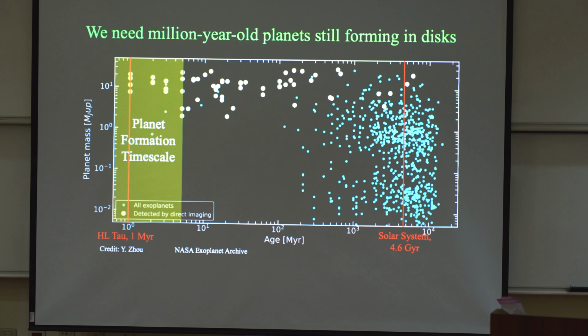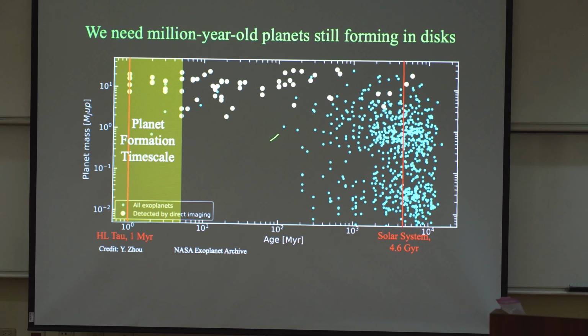So if we put the solar system here, the solar system is 4.6 billion years. HL Tau is 1 million years, and this shaded region marks the planet formation timescale. Clearly, most discovered exoplanets are around here. So to the zeroth order, they're all like the solar system. They're orbiting around billion years old stars.